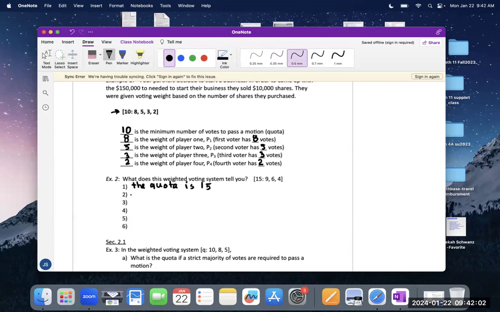It tells us the weight of player 1 is 9, from this number right here. Then the weight of player 2 is 6.